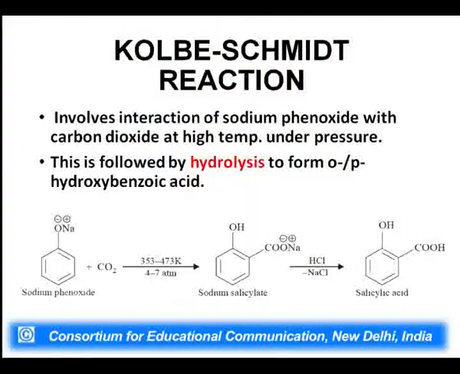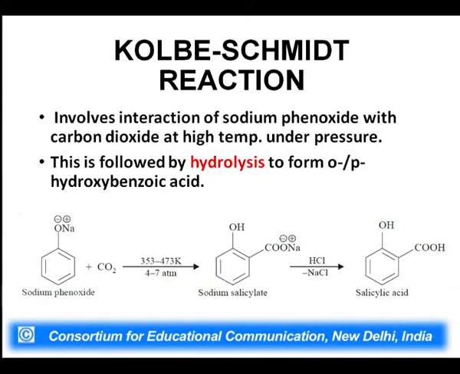In this case, we need to dissolve phenol in aqueous sodium hydroxide. When we do that, phenol is converted to sodium phenoxide, in which the phenoxide ion acts as a nucleophile and reacts with the carbon of carbon dioxide to give us sodium salicylate.